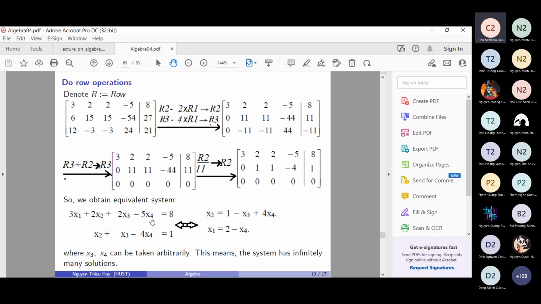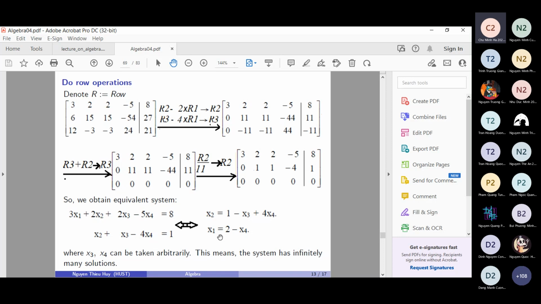Immediately you obtain x2 equals 1 minus x3 plus x4. After you turn these two free variables to the other side, you obtain x2, and then substituting x2 into the first equation, you obtain x1.